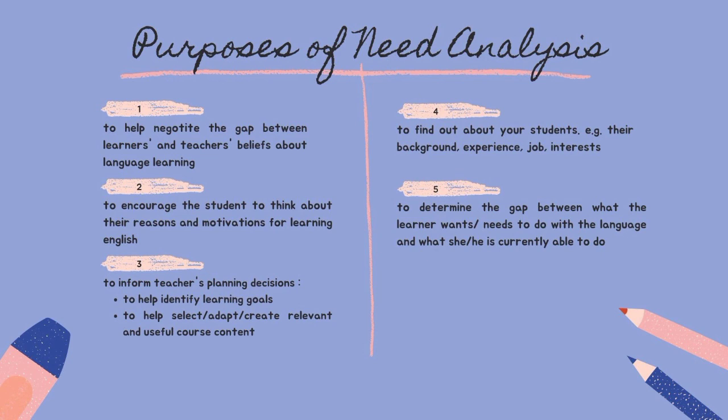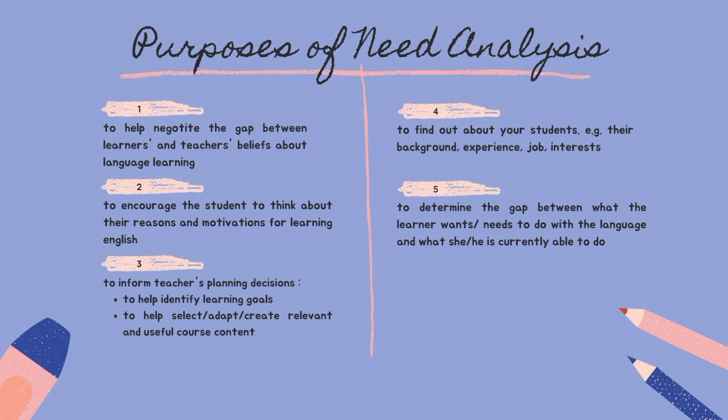First is to help negotiate the gap between learners' and teachers' beliefs about language learning. Second, to encourage the students to think about their reasons and motivation for learning English. Third, to inform teachers' planning decisions.